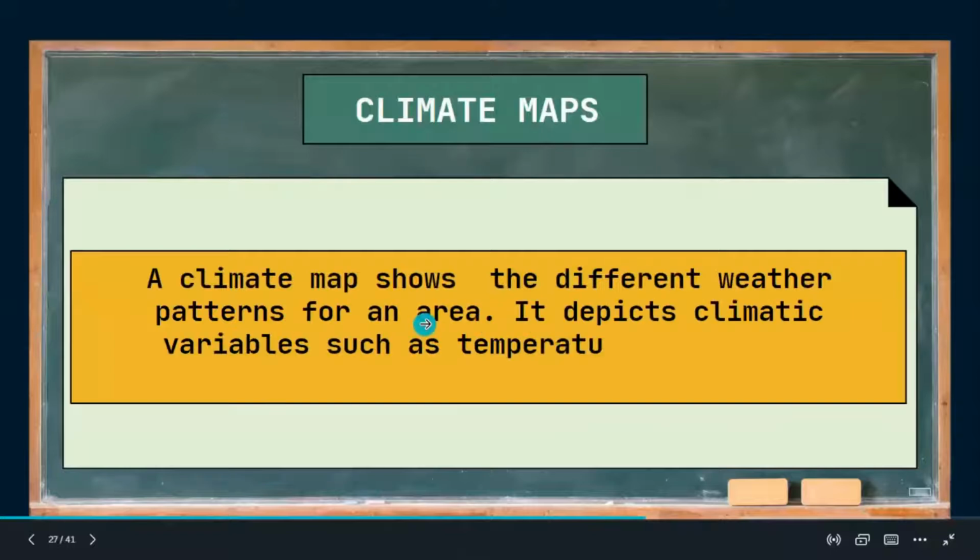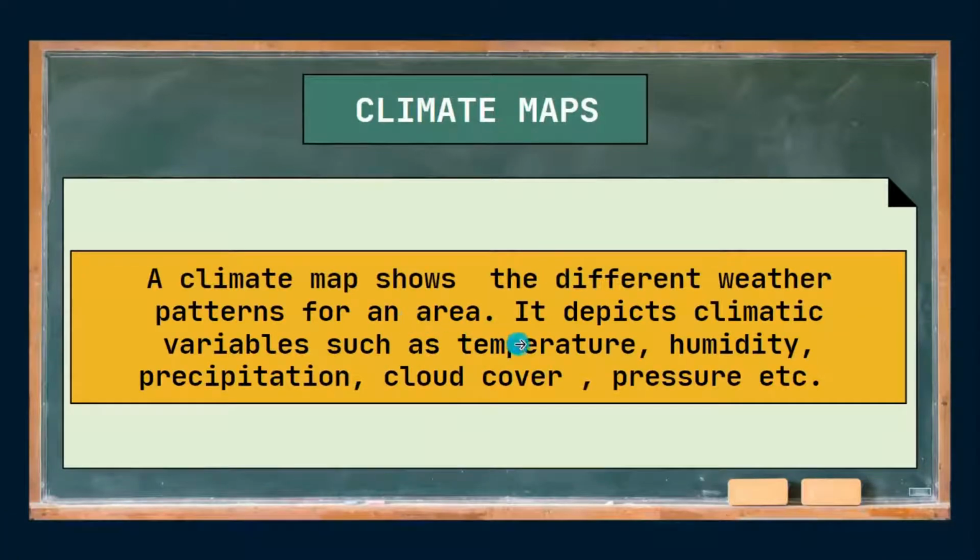A climate map shows the different weather patterns for an area. It depicts climatic variables such as temperature, humidity, precipitation, cloud cover, pressure, etc. A climate map is different from a weather map, where a weather map is the daily weather conditions. The climate map shows weather conditions, but over a period of time, so it's not just for one day only.